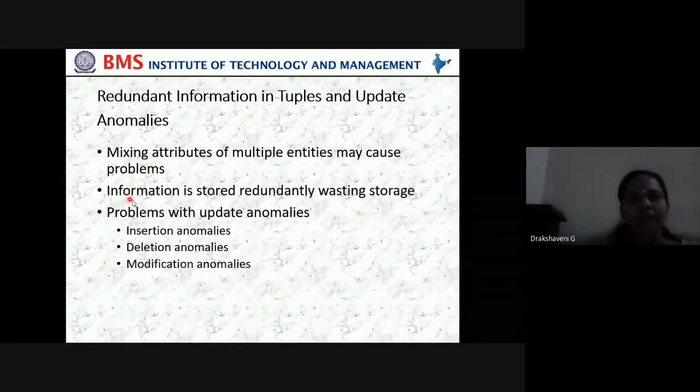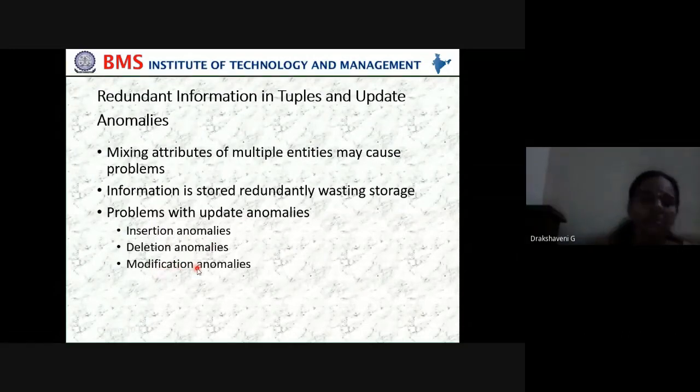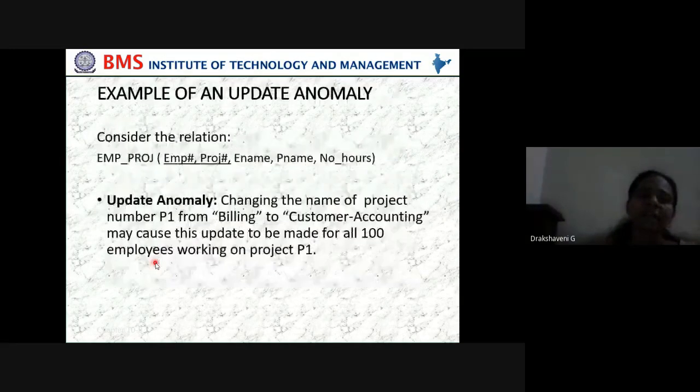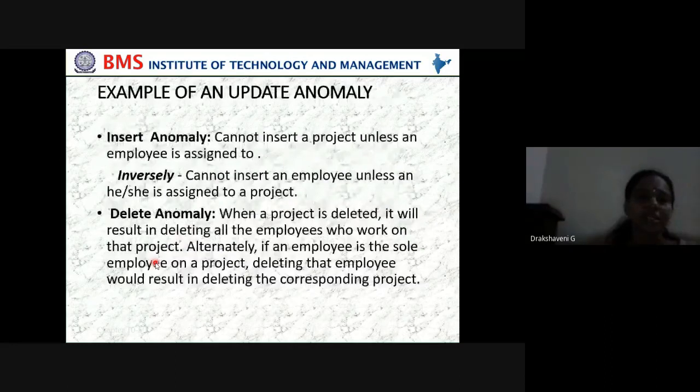Information is stored redundantly, wasting storage. There are problems with update anomalies: insertion anomaly, deletion anomaly, and modification anomaly. So in any normal form, we should address issues with the anomalies, whether insertion, deletion, or modification. We have seen what an update anomaly is, what insert is, and what delete is.